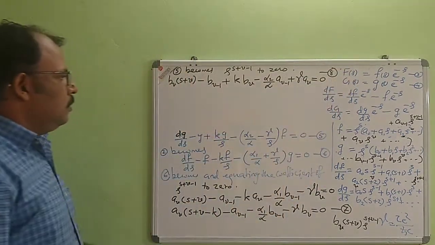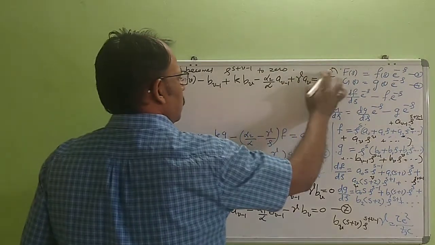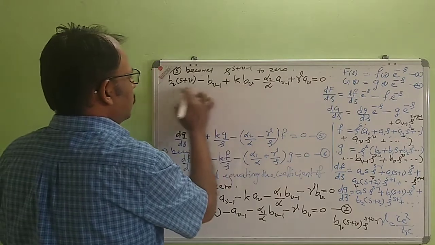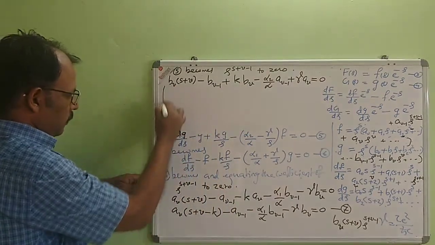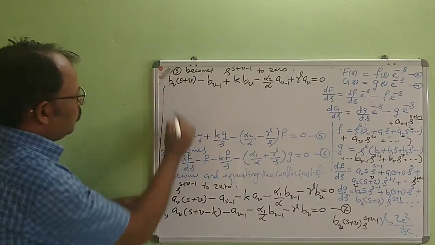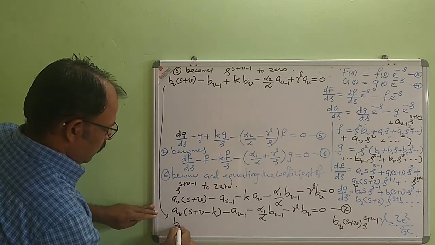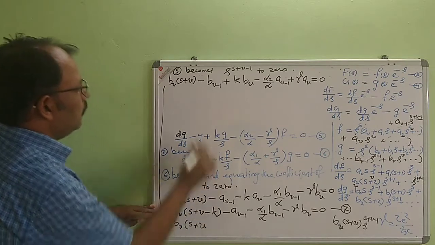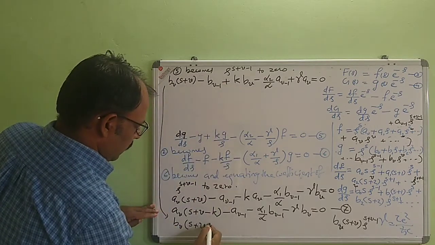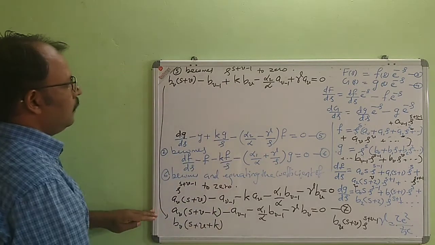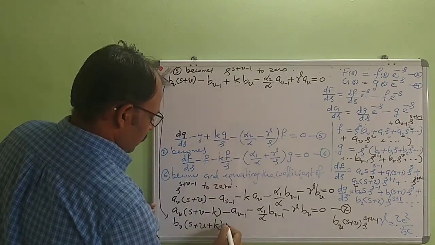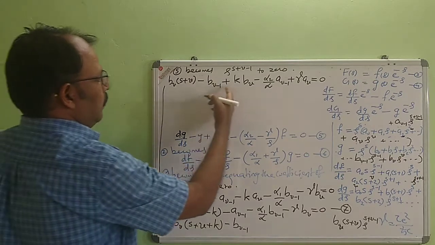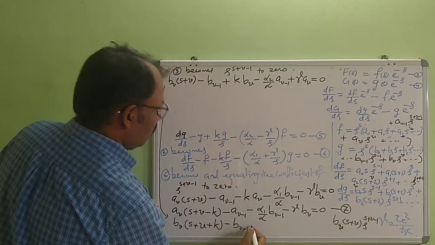So we got this equation. We will take B v common from these two terms, and I am writing that equation here. So B v into s plus v plus K. Now minus B v minus 1.